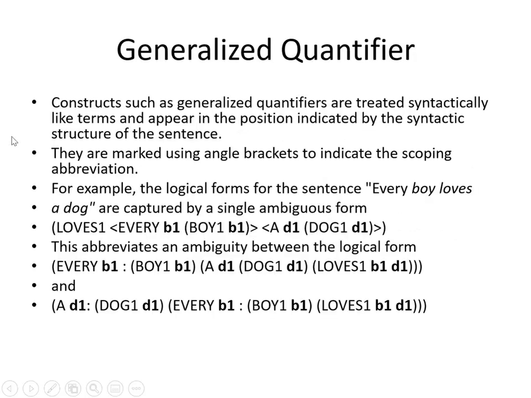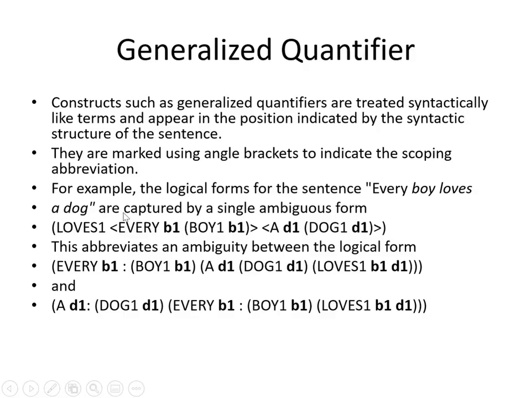Now we'll see if we can represent the quantifiers in a generalized manner. Constructs such as generalized quantifiers are treated syntactically like terms and appear in the position indicated by the syntactic structure of the sentence. What do we mean by this? For example, take the sentence "Every boy loves a dog."